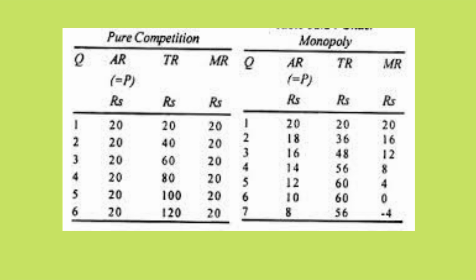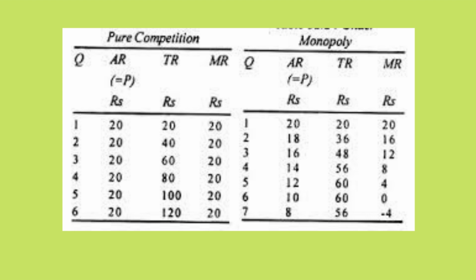As we know, average revenue is equal to price, so the average revenue also keeps on decreasing as we decrease the price. And total revenue: 20 into 1 is 20, 18 into 2 is 36, like this we will be finding out the total revenue.